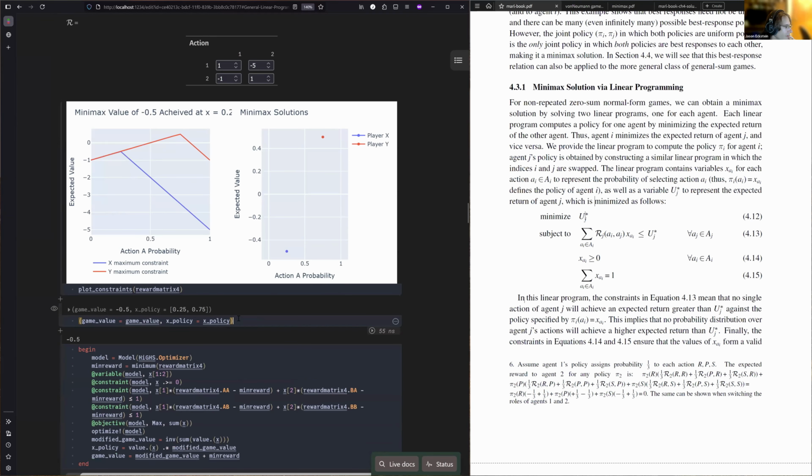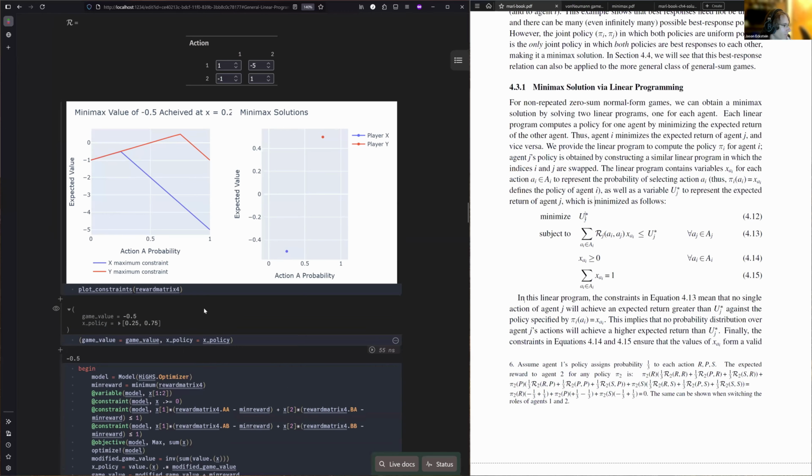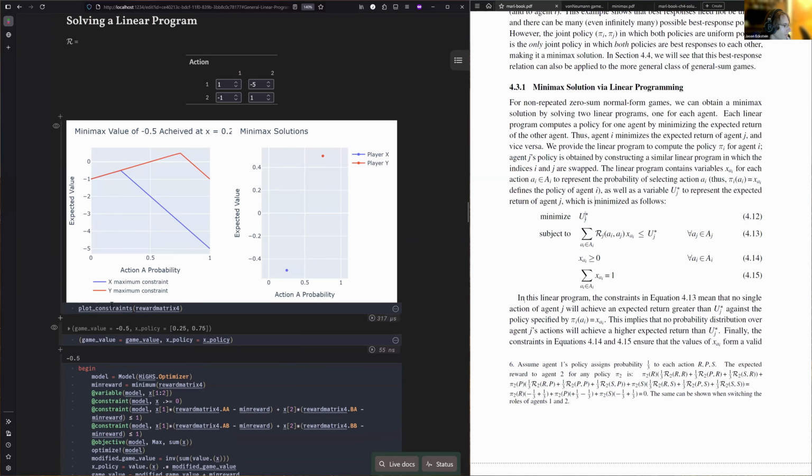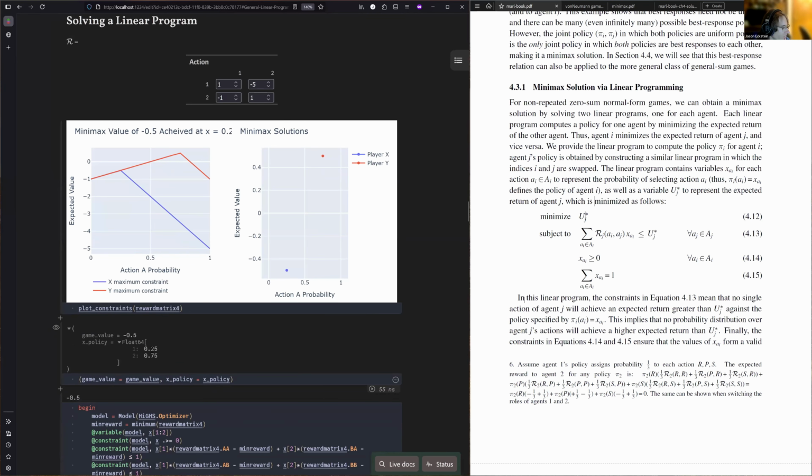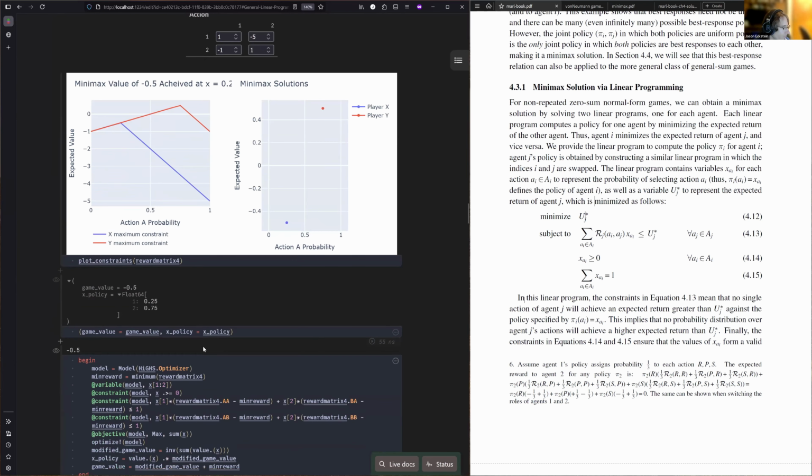And this is showing a linear programming solution to this problem, where it looks like we have the same thing. Wait, actually, oh, sorry. Yeah, player X is 0.25. You're right, which means 0.25 probability for action 1 and 0.75 for action 2.